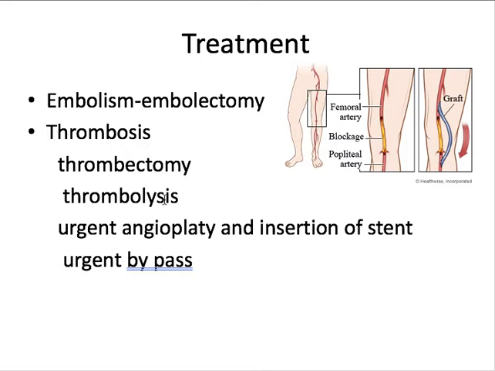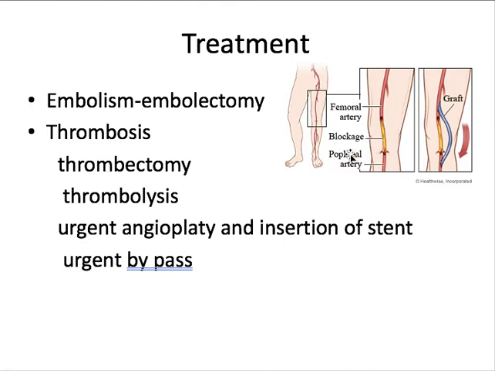But the only thing with these two, the thrombectomy and thrombolysis, is that this vessel is diseased already and it has now got a clot suddenly, and when you thrombolyse or do thrombectomy, there's a chance that it may clot again. So it's very important to put them on anticoagulation. So here that risk is there.